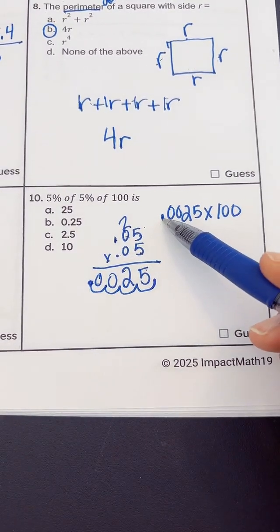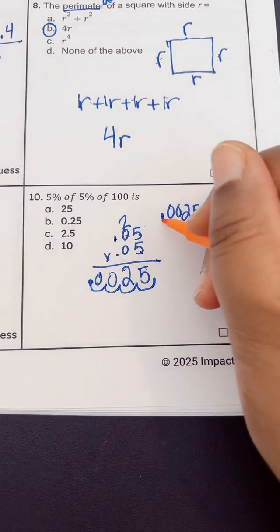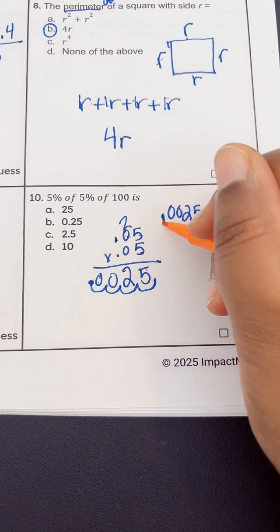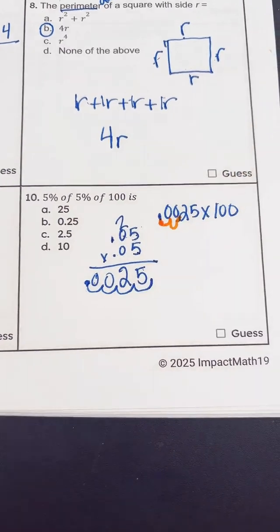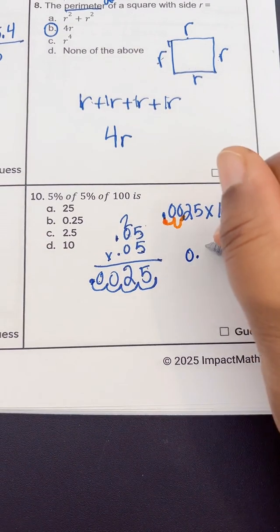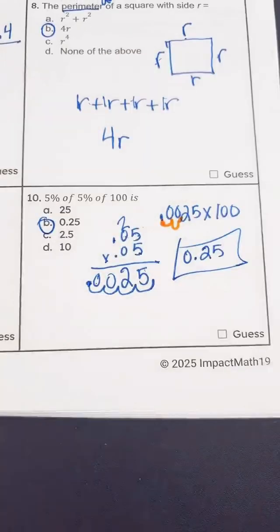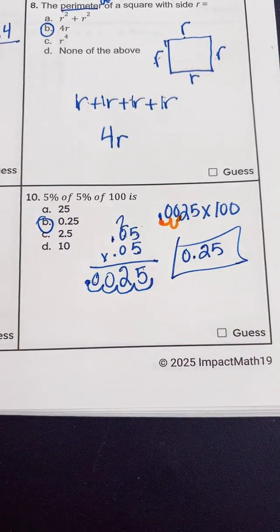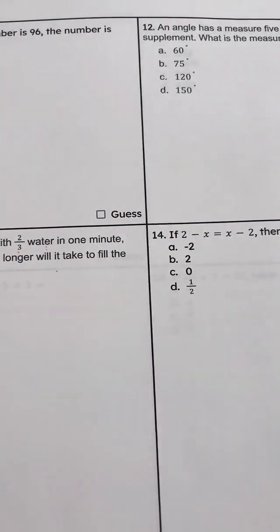And we go right how many places? 2 spaces. Beautiful. 1, 2. So now it's going to be 0.25. And yes, B is our answer. So perfect. Good, you guys. All right, wonderful. Okay, let's go to the next.